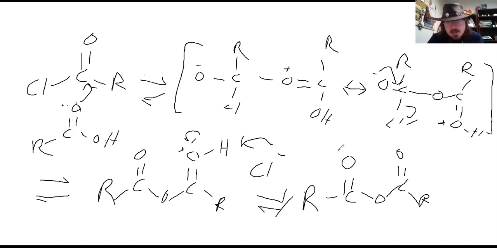If I had an OH in the center right there, even though we're closer to where we want to be, the intermediate is a lot less stable. It has to hang around long enough to kick out the leaving group. So having a resonance stabilized intermediate is more stable than having one that is one step closer but not really stable. Okay.